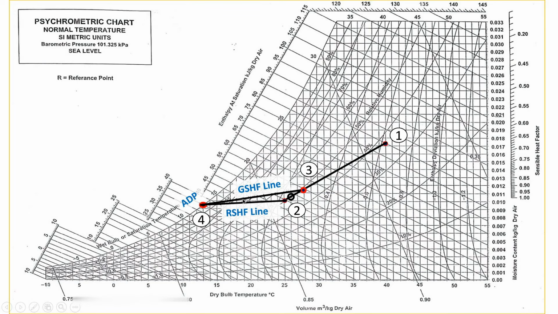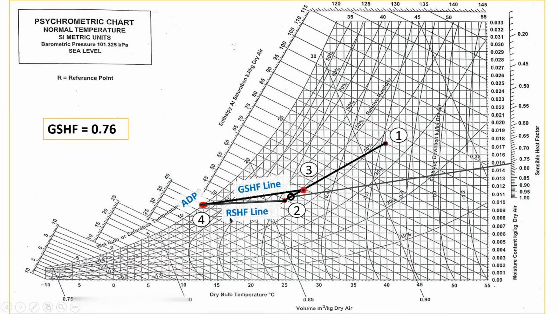So to calculate value of grand sensible heat factor, we can draw a line parallel to this grand sensible heat factor line from this alignment circle. So this is alignment circle, and we can extend up to this sensible heat factor scale. So here we can read the grand sensible heat factor value. So this value it is 0.76.